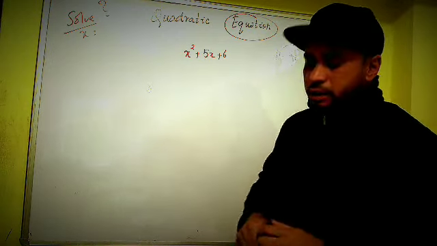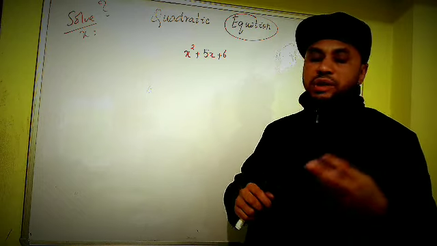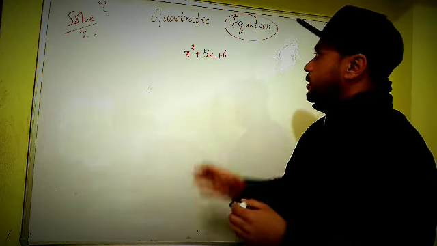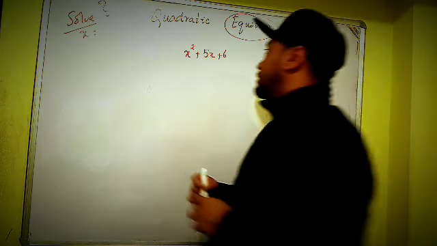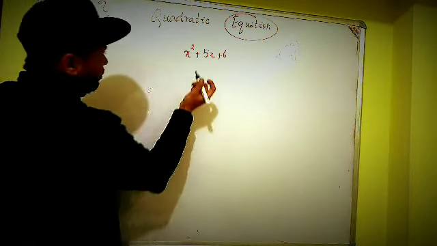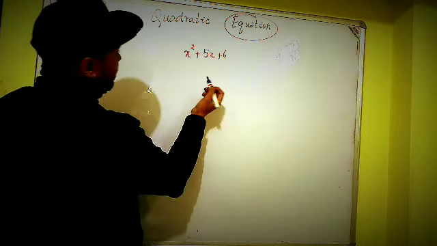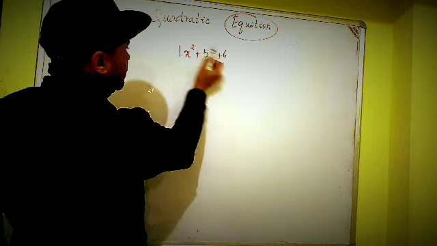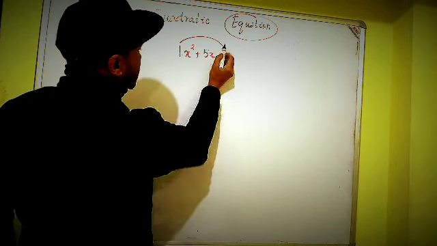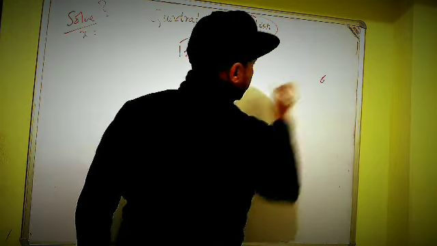So what we can do is the grouping method, breaking the middle term. So many methods are there. We can break the middle term to find the factors of this one. So let's try to do that. How will you break the middle term? The method is we'll multiply the coefficient of x squared and the constant. If you multiply this, the value is 6.